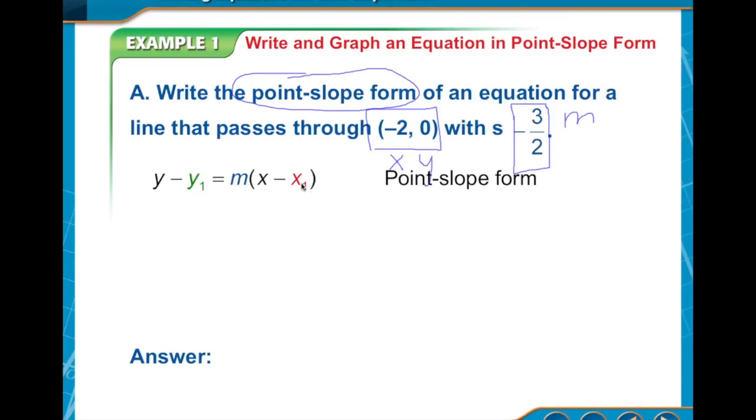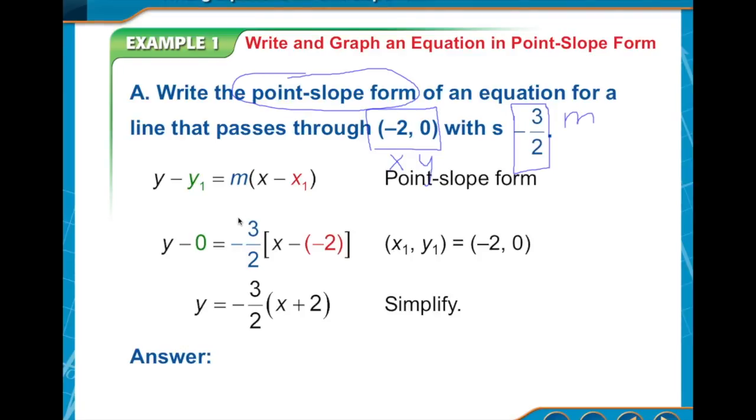So where there's an x1, I can put a -2, and where there is a y1, I can put a 0. So I can use those three things, plug them in, and then write my equation. Notice y1 became a 0, m became a -3/2, and x1 became a -2. So substitute those three things in.